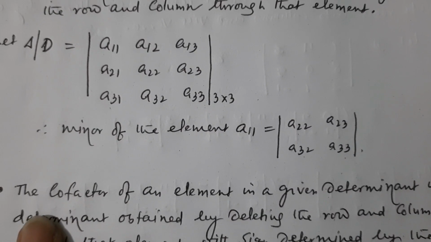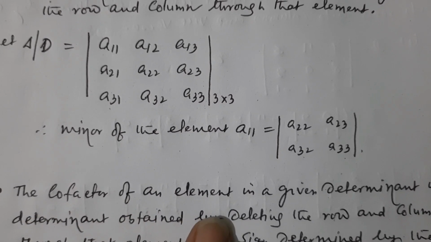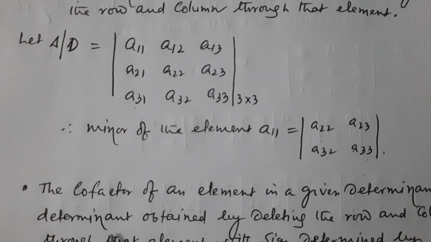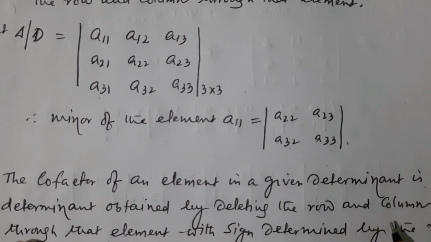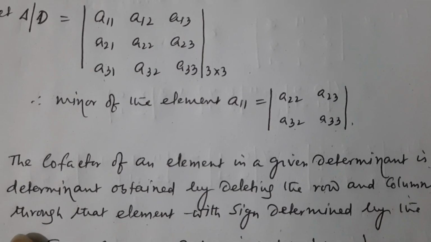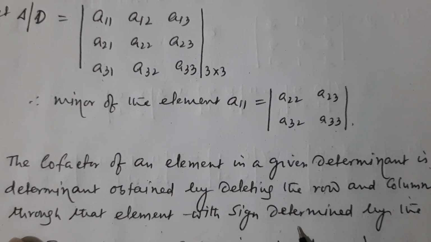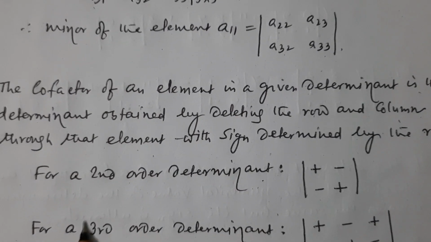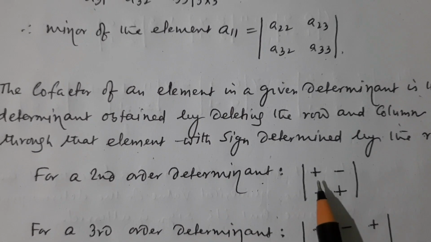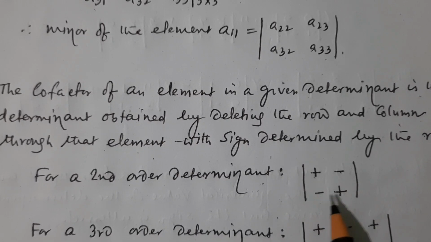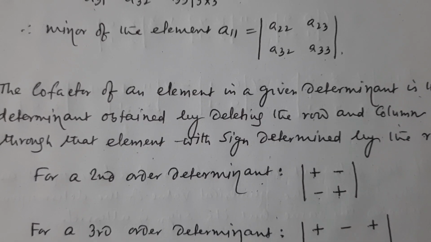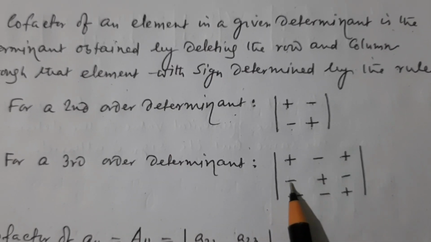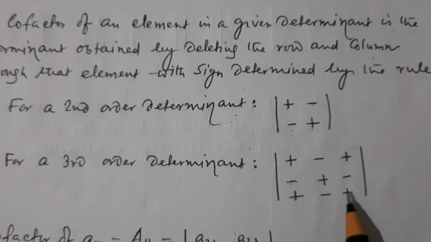And cofactor, what is cofactor? The cofactor of an element in a given determinant is the determinant obtained by deleting the row and column through that element, with sign determined by the rule. For a second order determinant, the rule is plus, minus, minus, plus. For a third order determinant, plus, minus, plus, minus, plus, minus, plus, minus, plus.